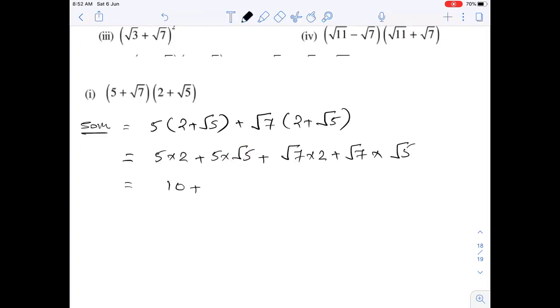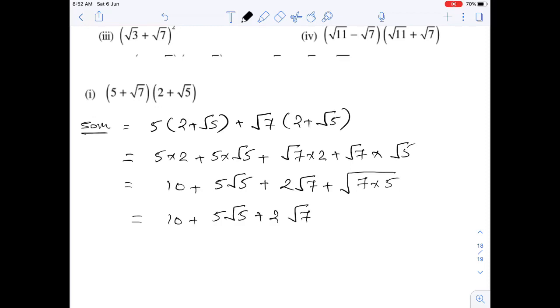So our answer is simply 5√5. Plus, the same condition here: √7 is multiplied by 2, so it can be written as 2√7. Plus, two numbers with the same square root form, if multiplied, we write the root only one time and multiply the numbers. So our final answer will be 10 + 5√5 + 2√7 + √35.